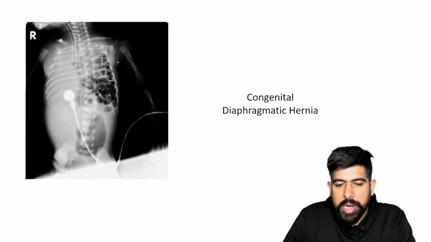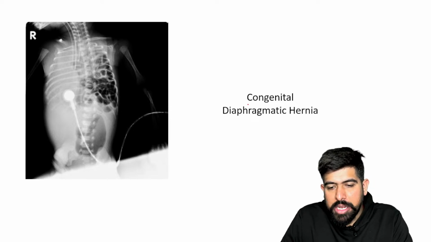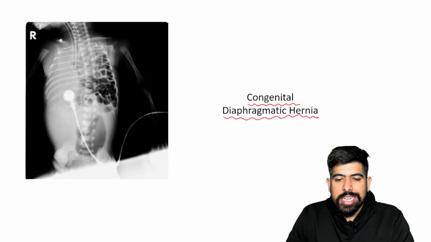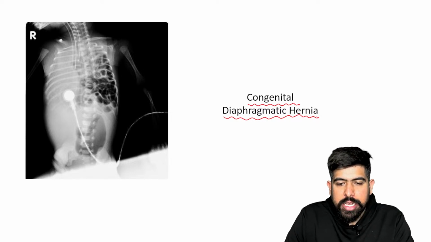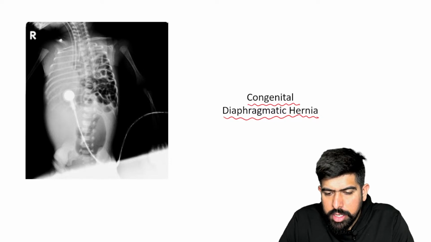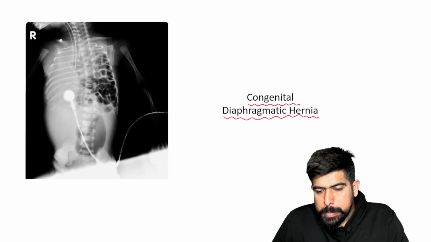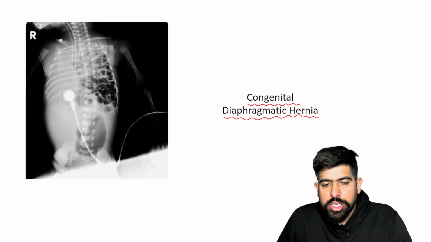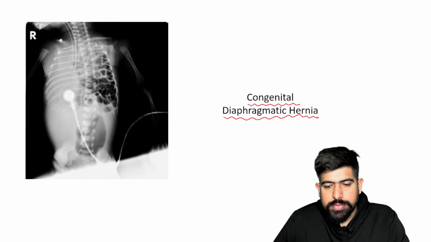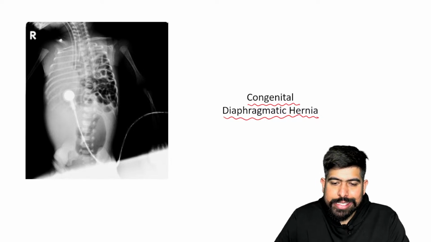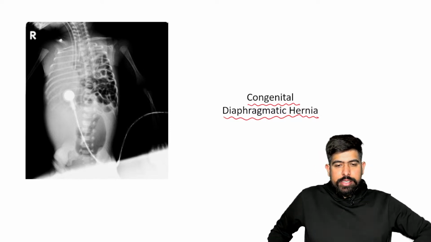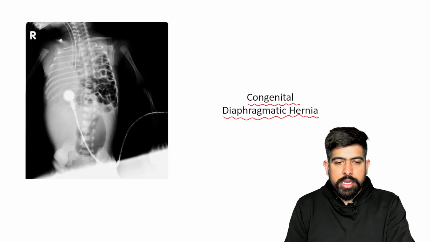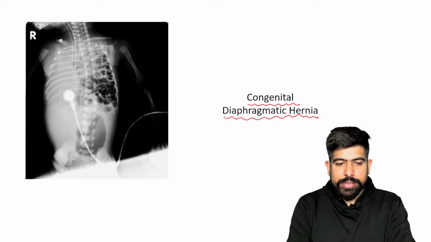This is your patient, a newborn, and the patient has a congenital diaphragmatic hernia. Now tell me, which sign is seen here? In congenital diaphragmatic hernia, which sign is seen?